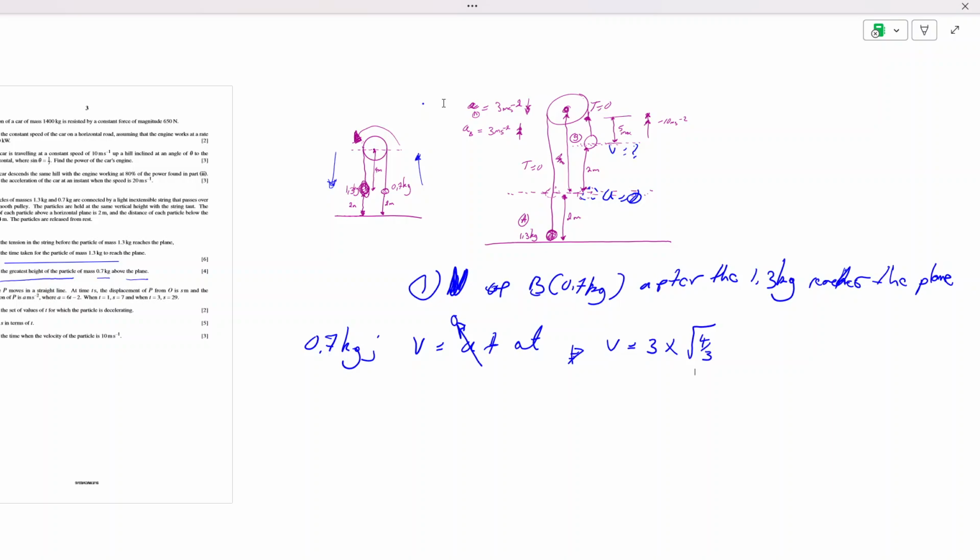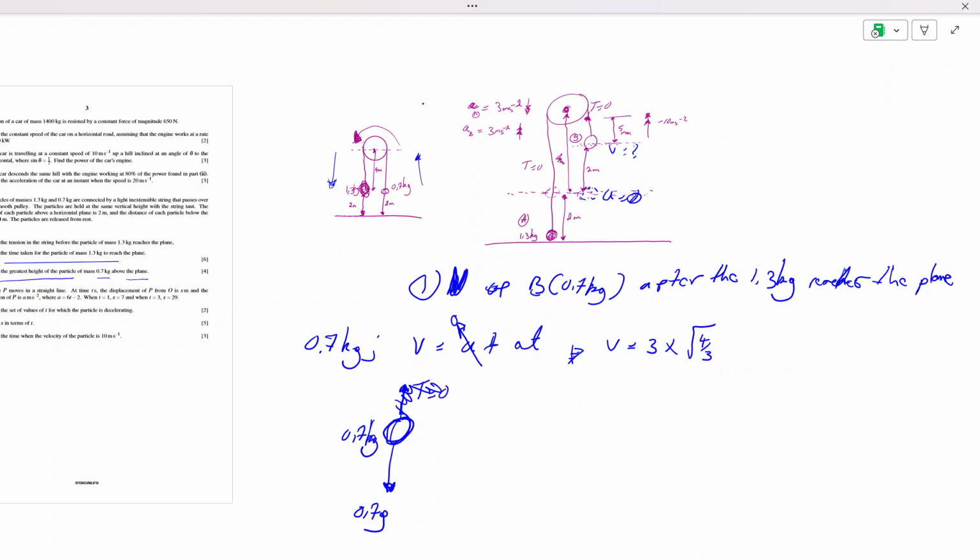So the scenario that we have now is this. This is the 0.7 kg mass. When particle A, the 1.3 kg, reaches the plane, the tension becomes 0, so we no longer have that force acting. We only have the weight of the 0.7 kg mass acting down, which is 0.7g.